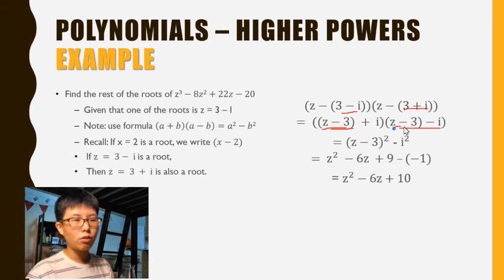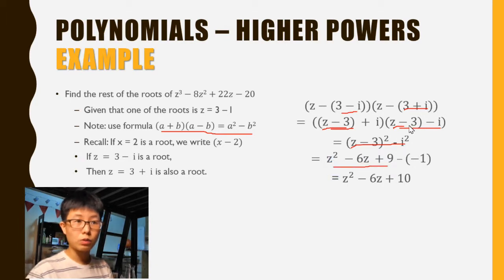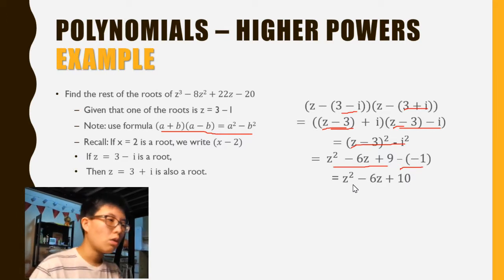Since I have something plus i and something minus i, we can use the formula (a plus b)(a minus b) equals a squared minus b squared, except that a is now z minus 3, and b is just i. I can easily expand z minus 3 squared, and i squared becomes minus 1, and we put it together to get z squared minus 6z plus 10.